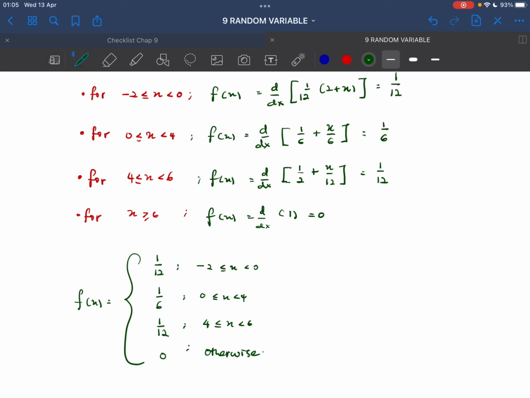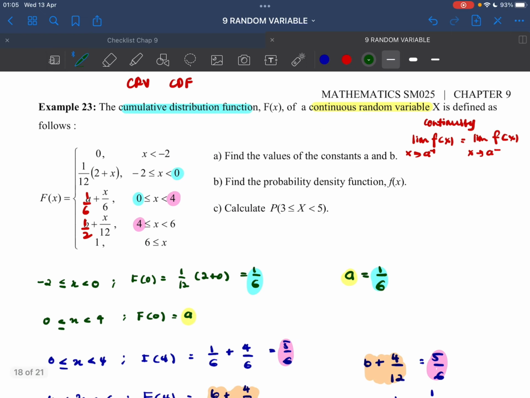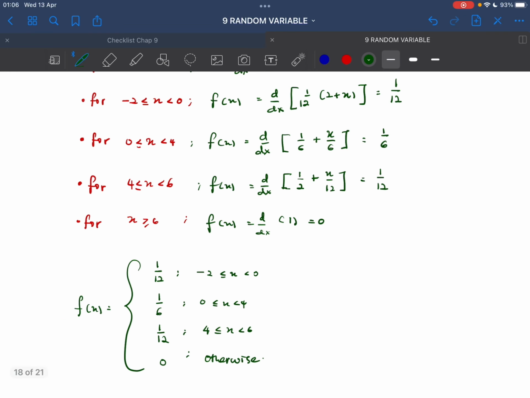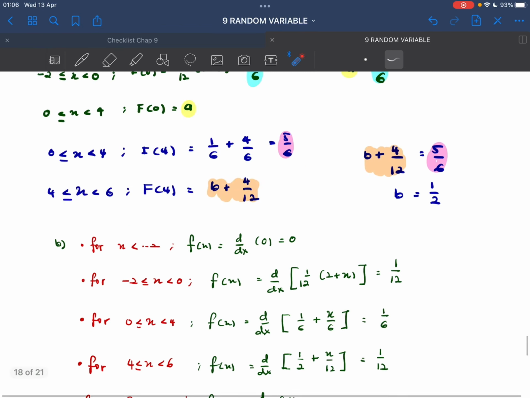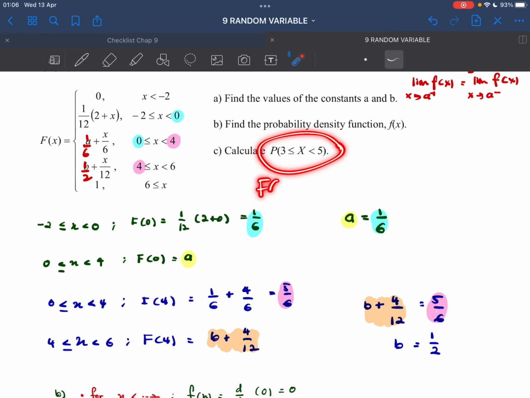Now let's see the next question here. They ask us to find the probability of x between 3 and 5. If you want to use this PDF, you have to integrate. But from the question, we have the CDF, so let's make our life easier. This we can simply turn into F(5) minus F(3).